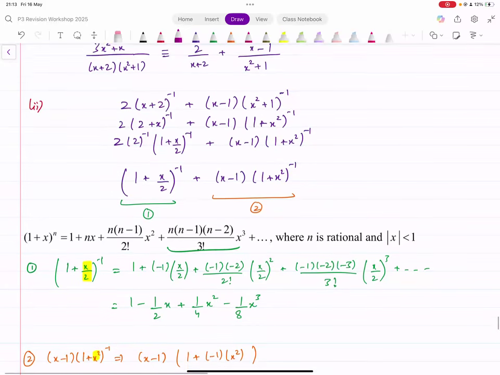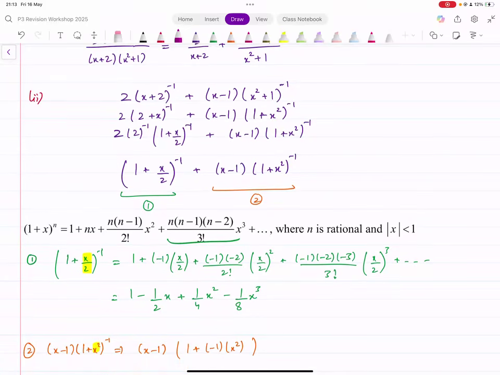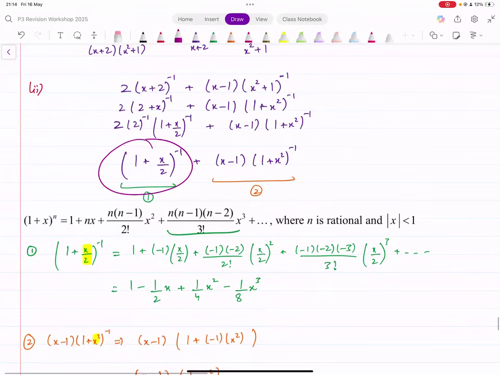And now we have to do these expansions. How do we do that? First of all, we convert them to standard form. We take 2 common outside from here, and that also has 2 power minus 1. This remains as it is. This is already the standard form.